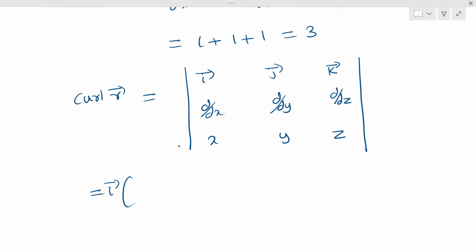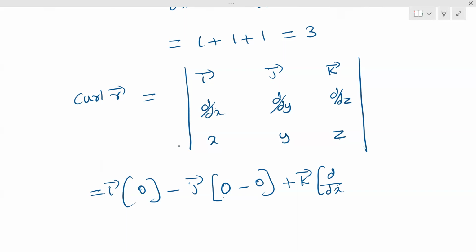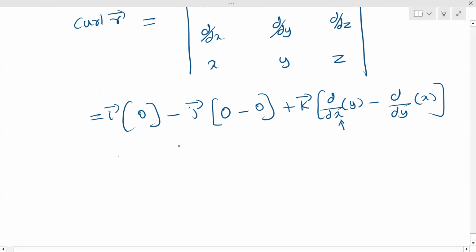Similarly, dou by dou z of y is also 0. Minus j vector into dou by dou x of z is 0. Dou by dou z of x is 0. Plus k vector into dou by dou x of y minus dou by dou y of x. So it is also 0. Partial derivative with respect to x means other variables are constant. So y is constant, so the derivative is 0. So curl r equal to 0 here.